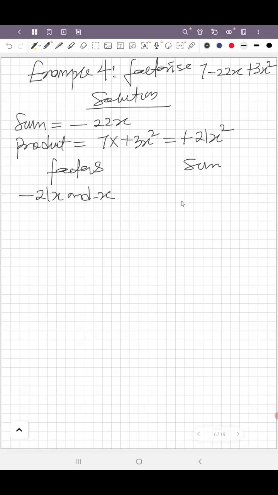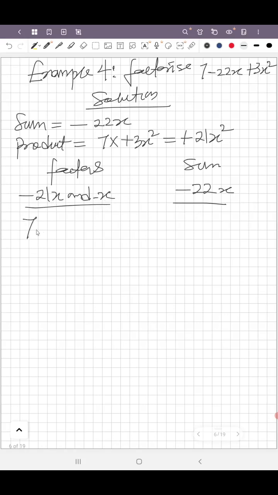By the time you add it together, it gives us minus 22x. This is an exceptional case, because the sum is greater than the product, so you must consider some factors before having that. That's why we now have minus 21x and minus x. By the time we add it together, we have minus 22x, which is what we need, because minus 21x multiplied by minus x will give us plus 21x squared.